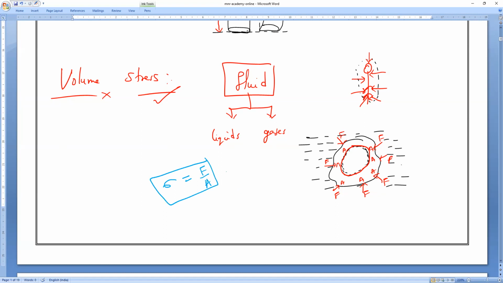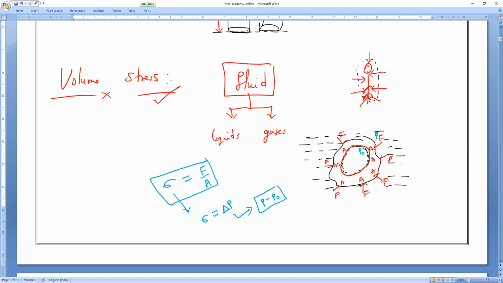But now, as it is inside the liquid, the pressure in the liquid is different and the pressure inside the object is different. That is why we consider the pressure difference as the volume stress. So sigma is equal to the change in pressure between the substance and the fluid, that is delta P, which means the fluid pressure minus the pressure inside the object.